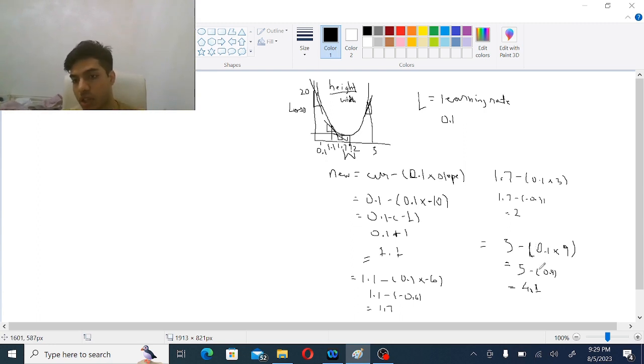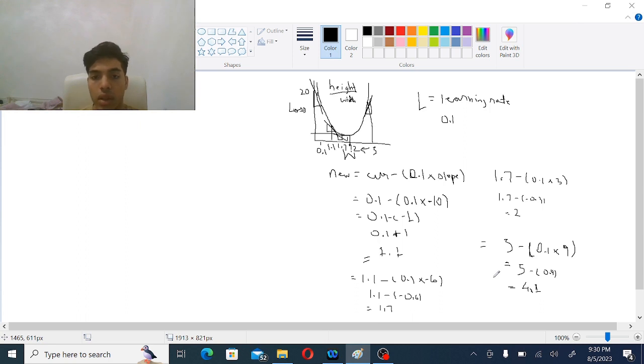That's always going to have the effect of pushing our parameter to the left side. So we're decreasing in value. So now, after applying this step, we have the value of our parameter as 4.1. And we can keep on repeating this until we eventually reach the optimal value.